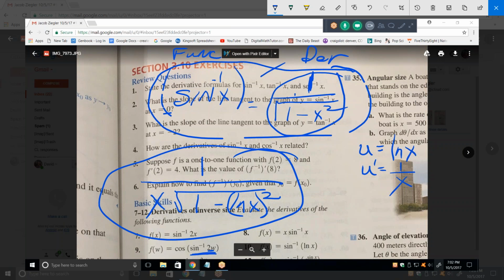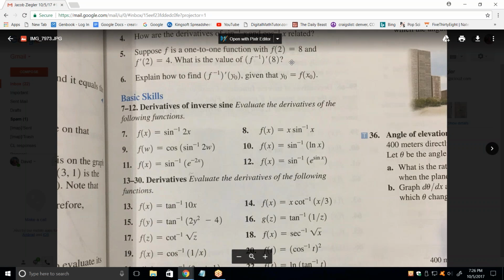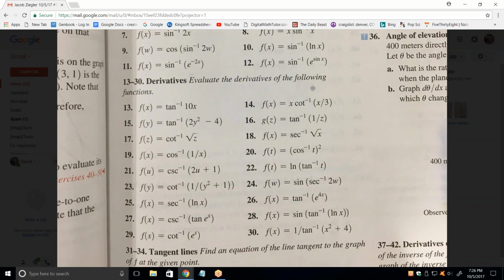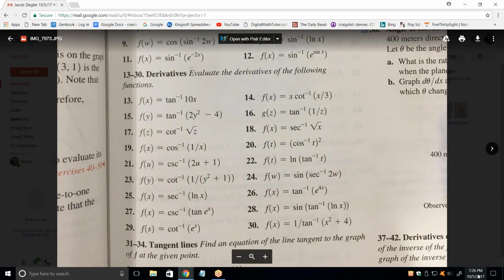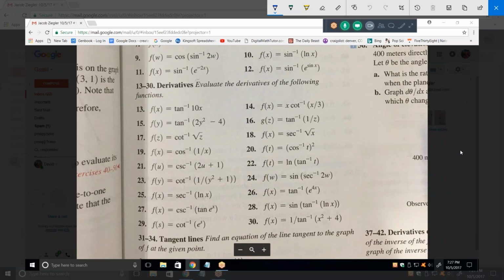With me? Yep. Okay, good. We're going to do number 11 and 12, without me having the formula up there. See how well you memorized it. So give me the formula.